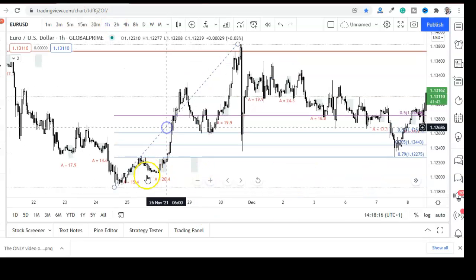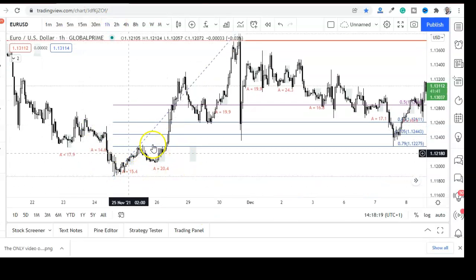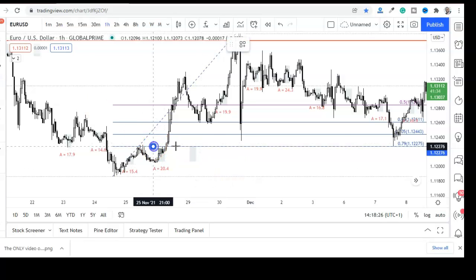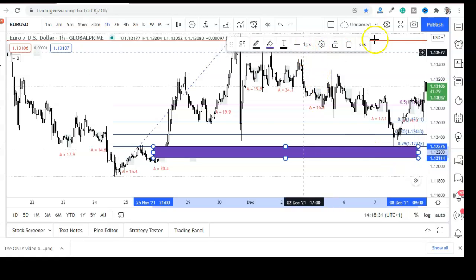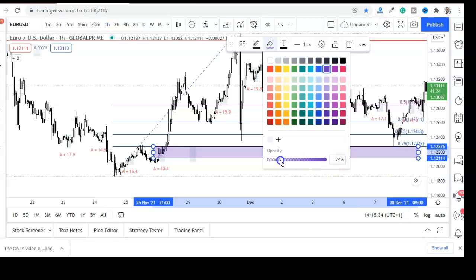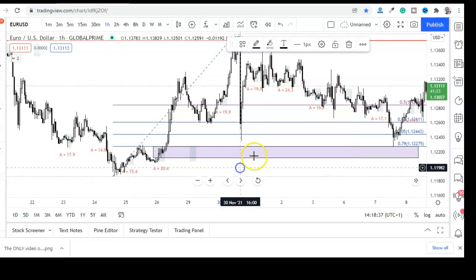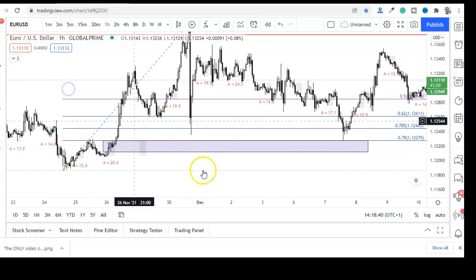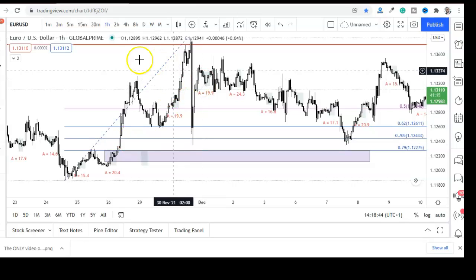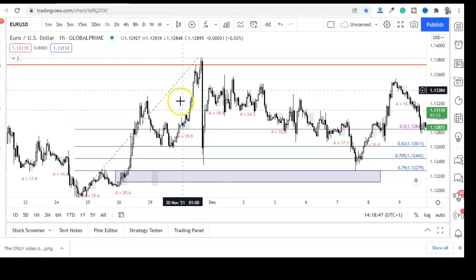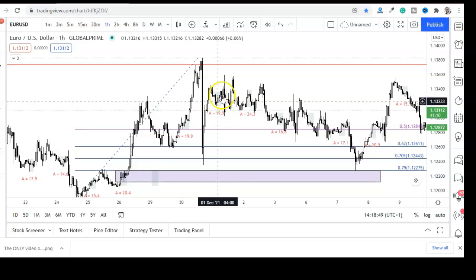The entire move here started from here, so I can identify this supply zone as potential areas of point of interest. This supply zone here. So what happened here? Price broke structure, and I will have to wait.